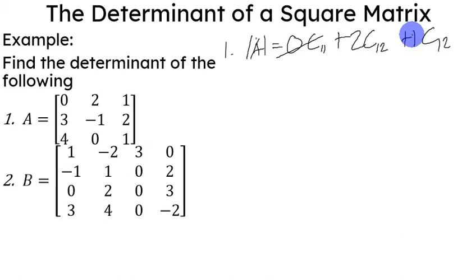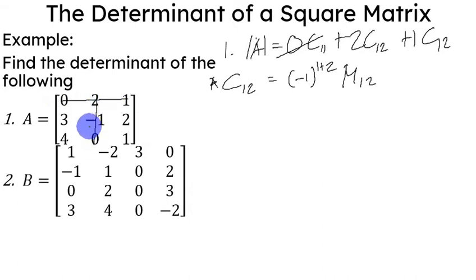Now, let's try to compute C sub 1, 2. We know that C sub 1, 2 is equal to negative 1 raised to 1 plus 2 times M sub 1, 2. So let's look for that M sub 1, 2. M sub 1, 2 is the minor, the determinant of the matrix when we remove the first row and the second column.